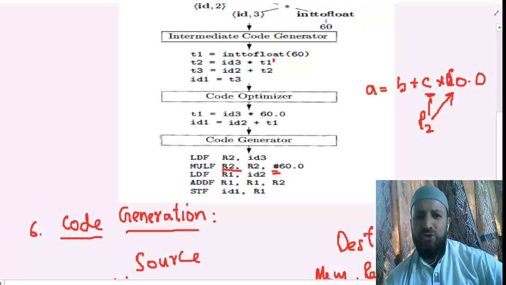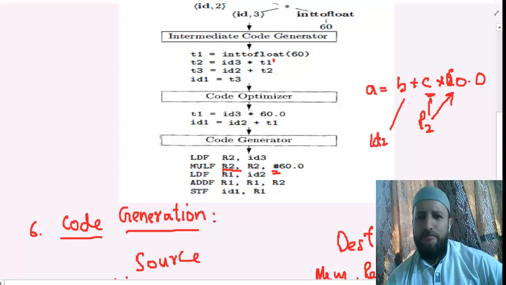Then we will load whatever is at the address ID2. That's actually the B, okay, because this is ID2. Okay, that will go into the register R1. So R1 is holding the B now. Okay, then we got to add the floating point addition of R1 and R2.